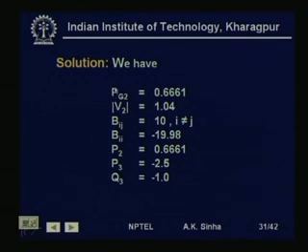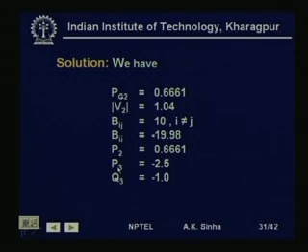We have been given Pg2 equal to 0.6661 and V2 as 1.04. We have therefore P2, the real power injection at bus 2, equal to Pg2 minus Pd2, the demand at that bus. Since the load at that bus is 0, P2 is equal to 0.6661.